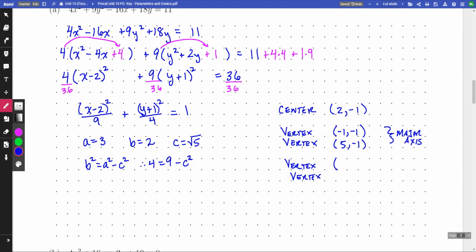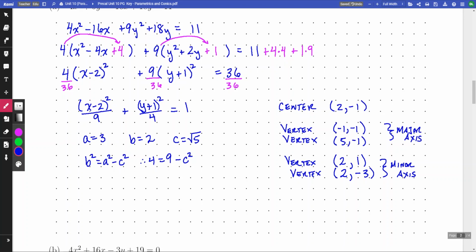So for one vertex, same x value as my center, but 2 units above my y, so that would be (2, 1). And for the other vertex, same x value as my center, but 2 units below -1, which will be (2, -3). And those are my vertices on what we call the minor axis.